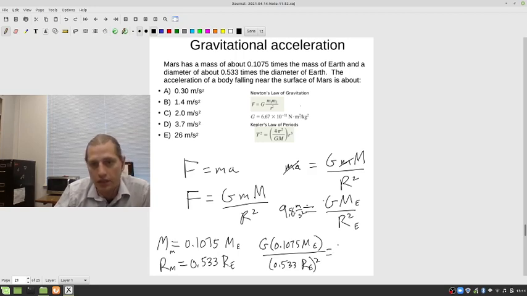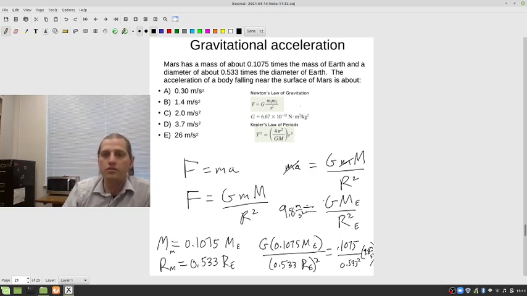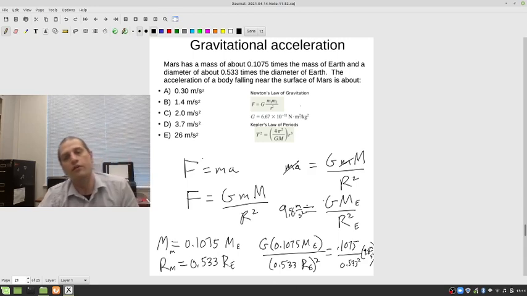Okay, so that would be 0.1075 divided by 0.533 squared times GM over r_E squared. So this would be times 9.8 meters per second squared. And I'll let you stick that in, and you can figure that out.